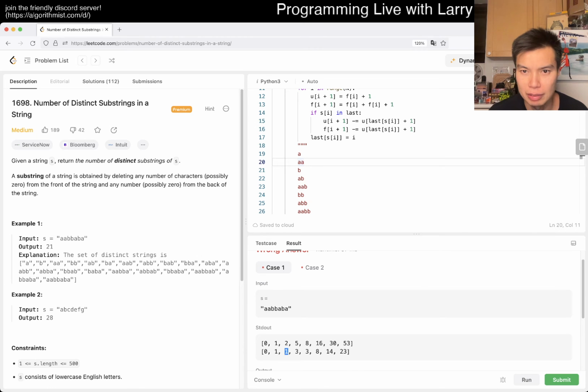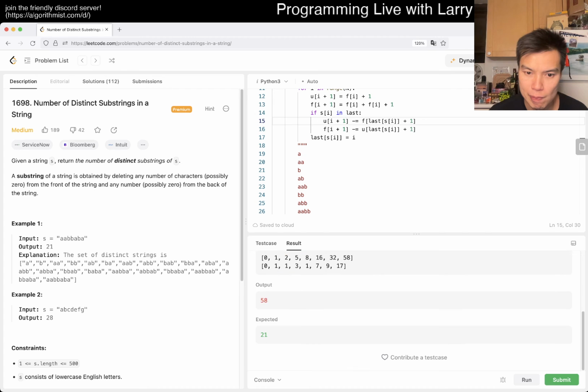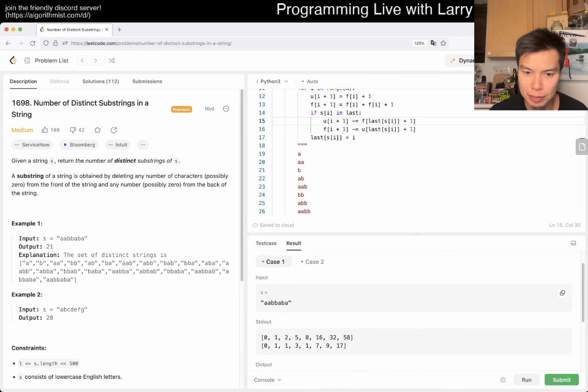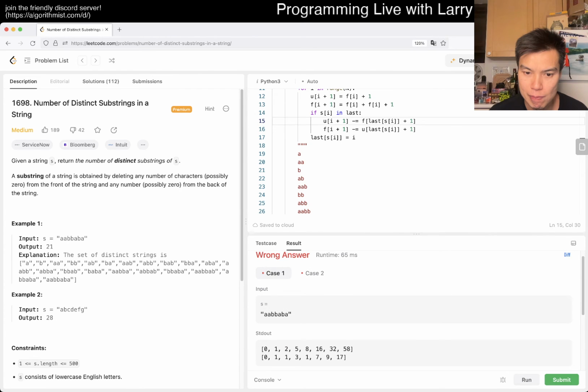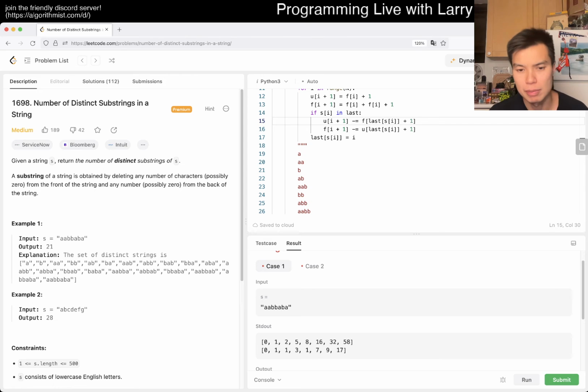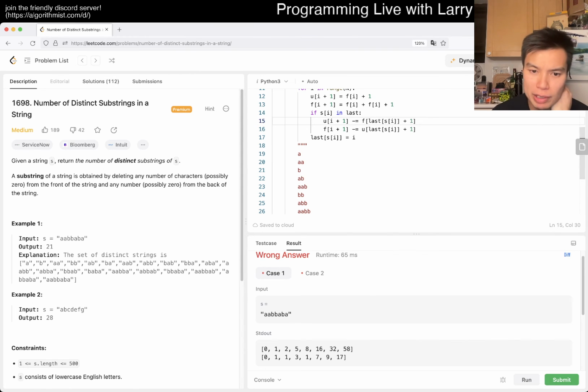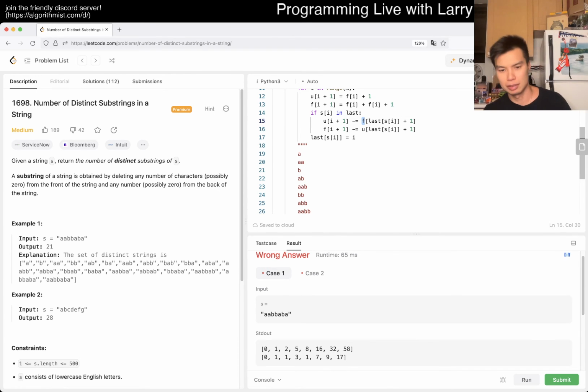Oh, maybe this is F. That's not right either. But that doesn't make sense because we want to minus the total count that's at. No, we don't want to, because this should not be unique, because that doesn't make it unique. But 4 doesn't make sense either.